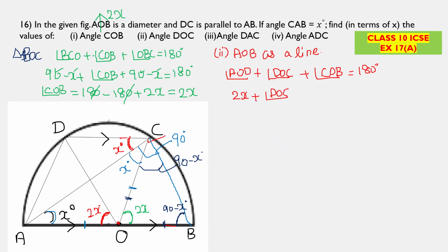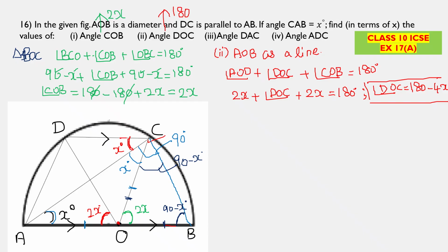COB is also 2x, which equals 180 degrees. So from this we conclude angle DOC equals 180 minus 4x. This is the answer for our second subdivision.